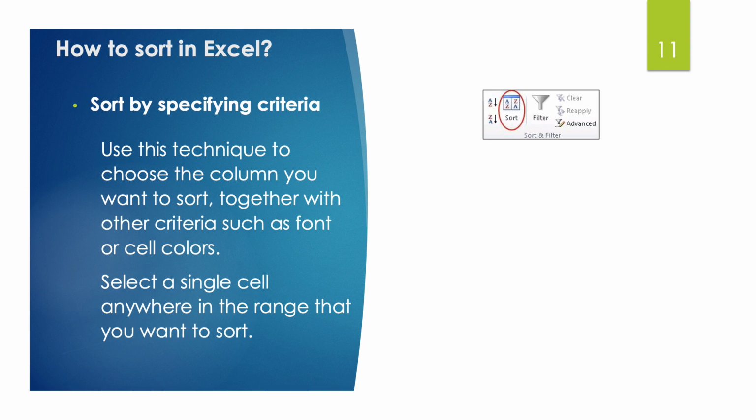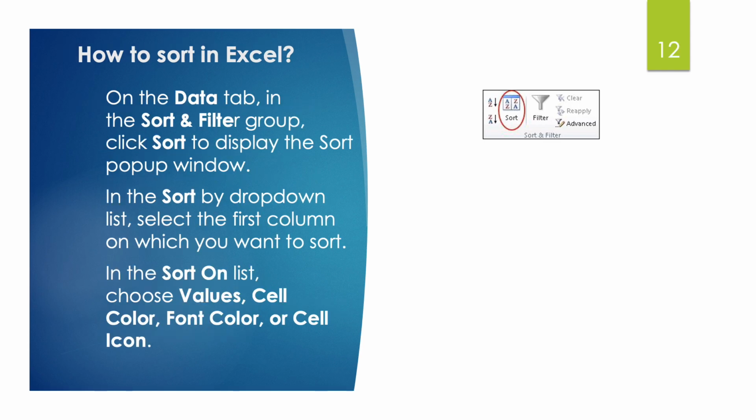Sort by specifying criteria. You can use this technique to choose the column you want to sort together with other criteria such as font or cell colors. Select a single cell anywhere in the range that you want to sort. On the Data tab in the Sort and Filter group, click Sort to display the Sort pop-up window, and then in the Sort by drop-down list, select the first column on which you want to sort.